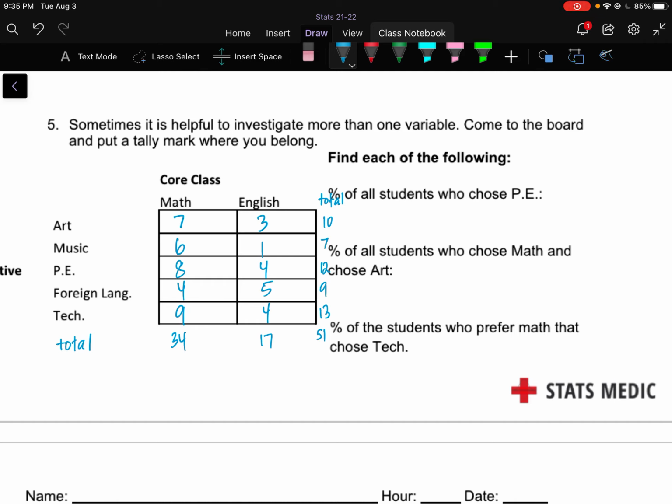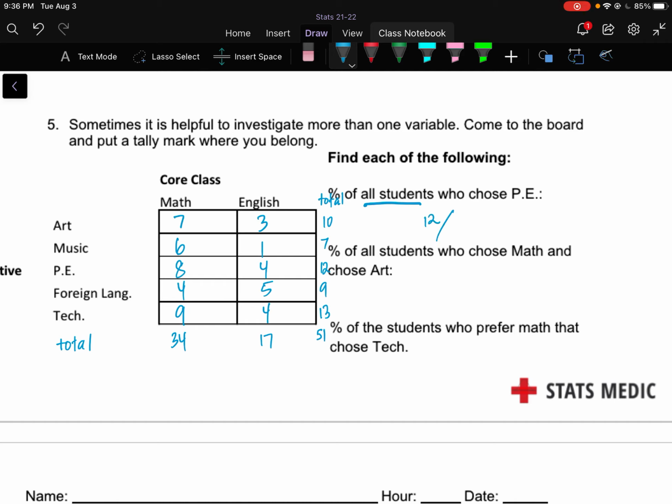Because remember, a percentage is based off of a fraction, the number of the part to the whole, for instance. Okay. All right, so what percent of all students, there's a typo there, percent of all students who chose PE. Okay. All right, so how many total students chose PE? That would be 12.